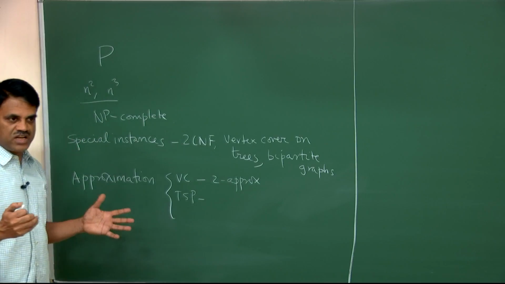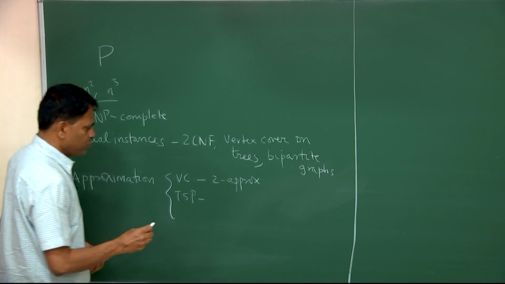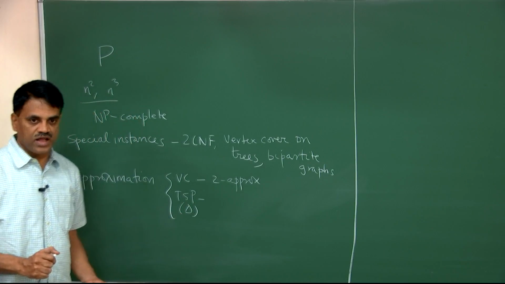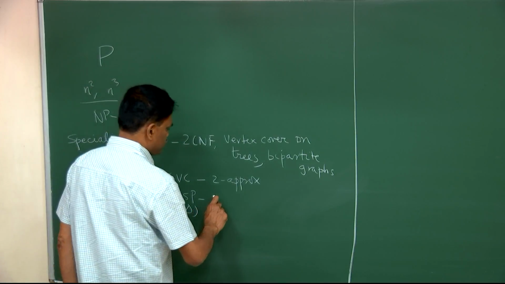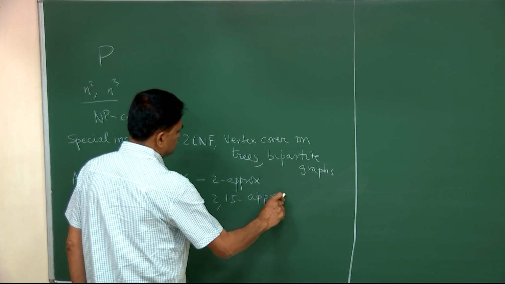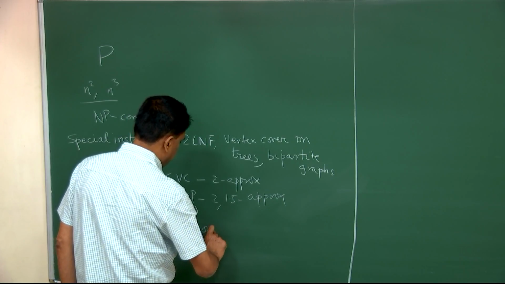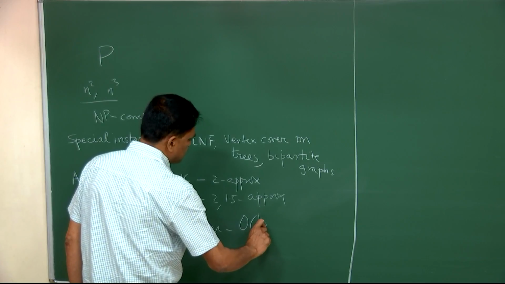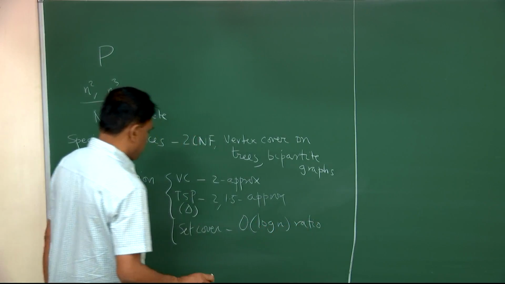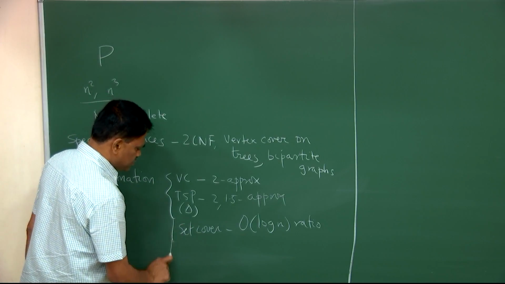The most general version does not have any approximation algorithm at all, but if you assume the distances satisfy triangle inequality, then we saw 2 and 1.5 approximation algorithms. Set cover, the greedy approximation algorithm gives you a log n ratio, and there is nothing better known, or it's believed that nothing better is possible.